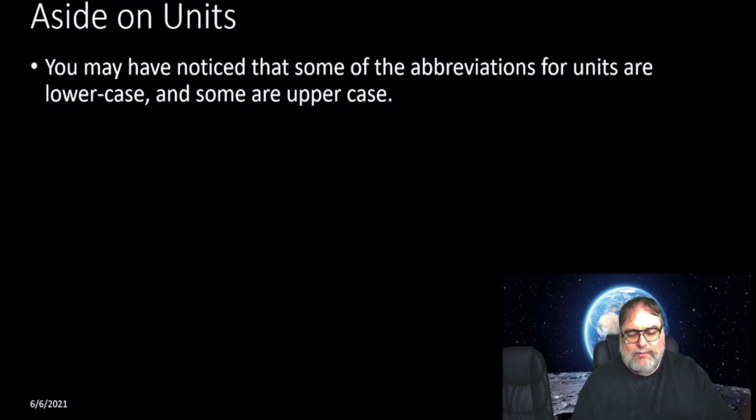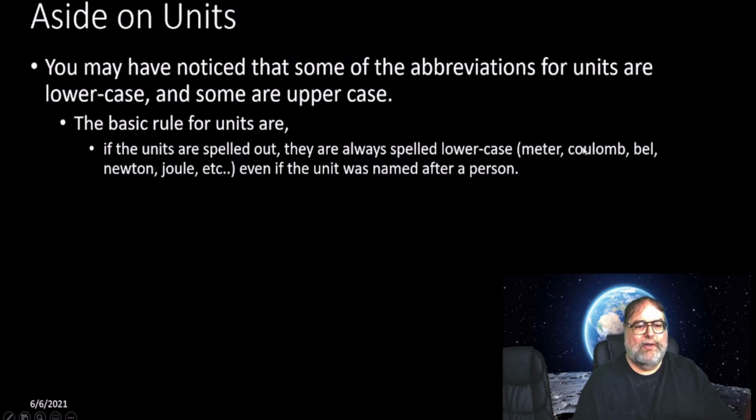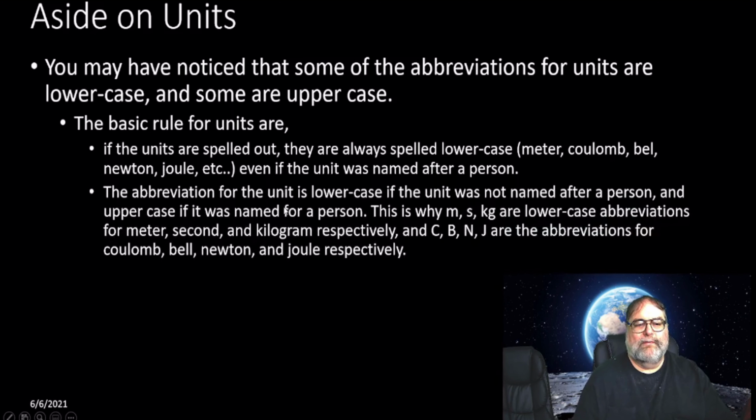The other thing that you might have noticed is how you abbreviate the units. Some are lowercase, some are uppercase. A lot of people don't know this. The basic rule for units is, if the units are spelled out, they are always spelled lowercase. Meter, coulomb, bel, newton, joule, everything. Even if the unit was named after a person.